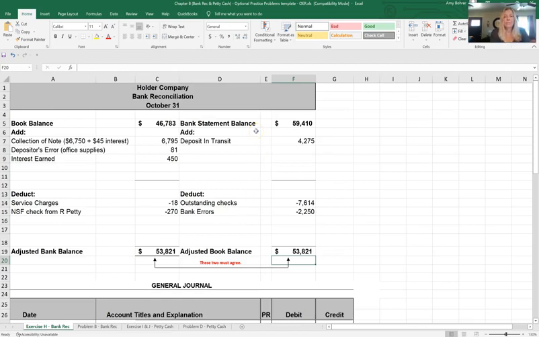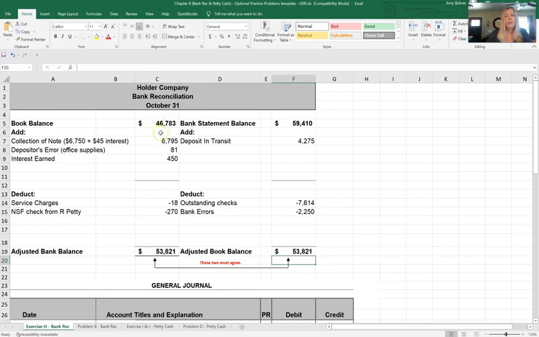Okay, it happens sometimes. And then once we're done, we don't ever record journal entries for the bank side. That's on their books, or it's a timing difference that will eventually clear. We are going to, however, make adjusting journal entries for everything that we found that the bank had recorded that we hadn't recorded yet, because those things should be included in our book balance and our cash balance.